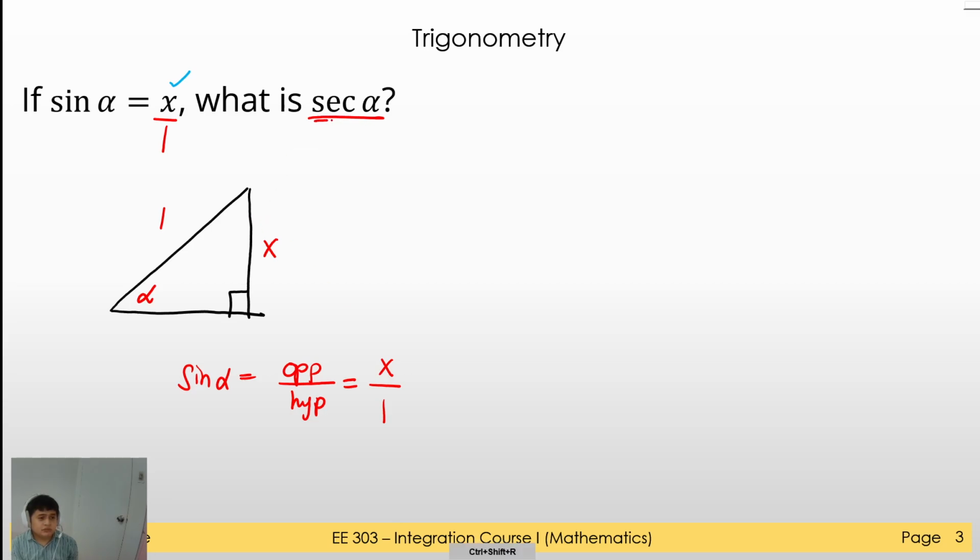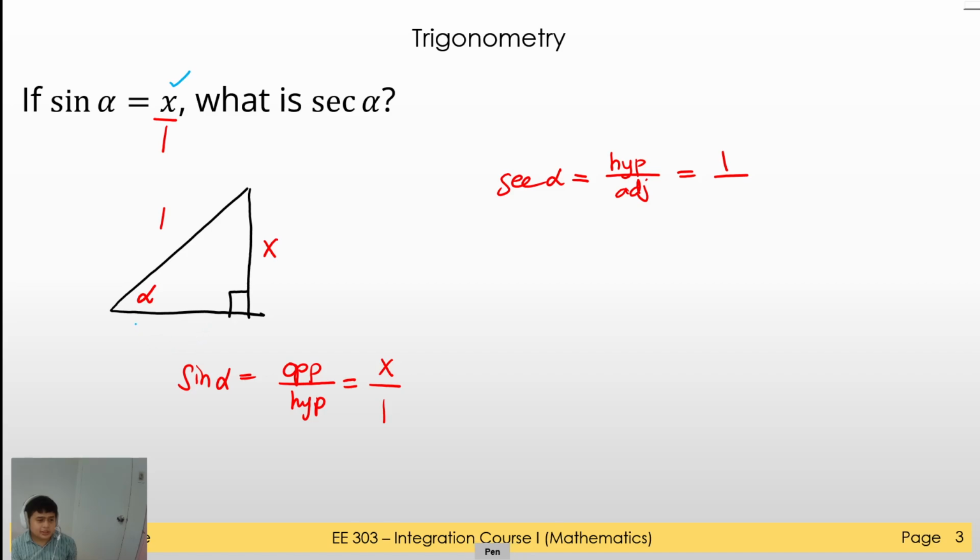If we want to find secant alpha, that will be equal to what? You have the hypotenuse over the adjacent. The hypotenuse here is 1. But what is the adjacent? The adjacent of this angle is this, right?